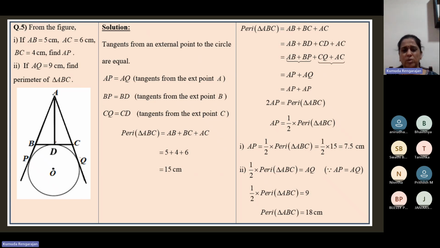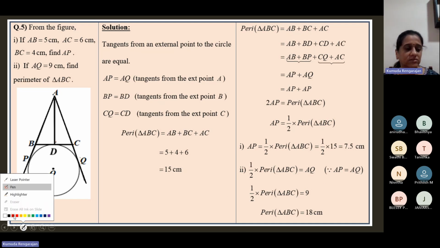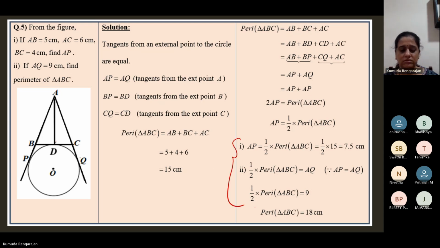That's it. So here, I've proved it again. Depending on the marks, if it is 1 mark, you can use the result directly. See, this is the answer. The answer is here, children, because you know it now.